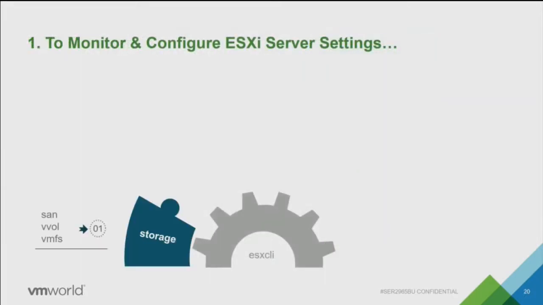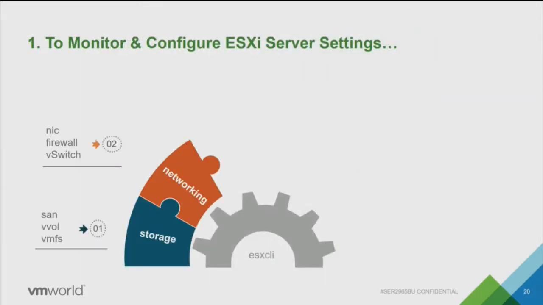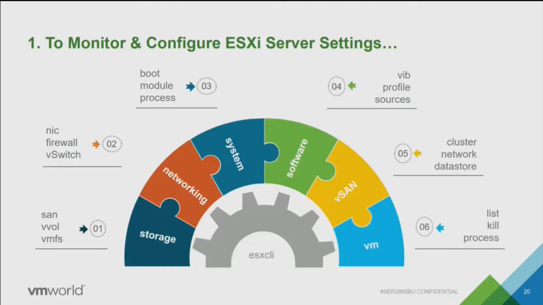So the first one, which we already know, is esxcli. esxcli has storage, networking, system, software, and also vSAN and VM. Now, one important thing we all need to keep in mind: when you execute this command over SSH on the host, let's assume that the command is taking a longer time.